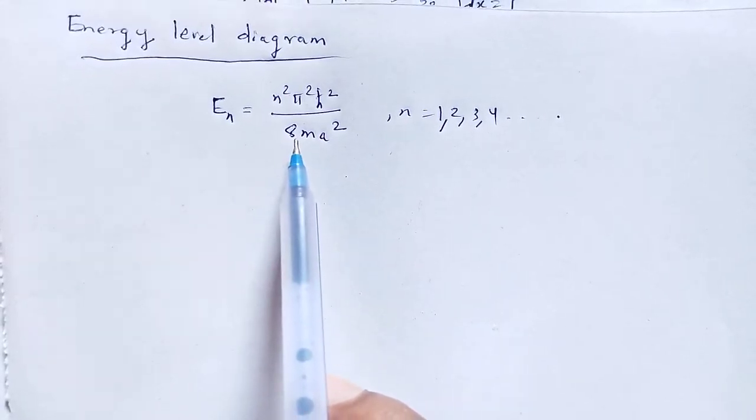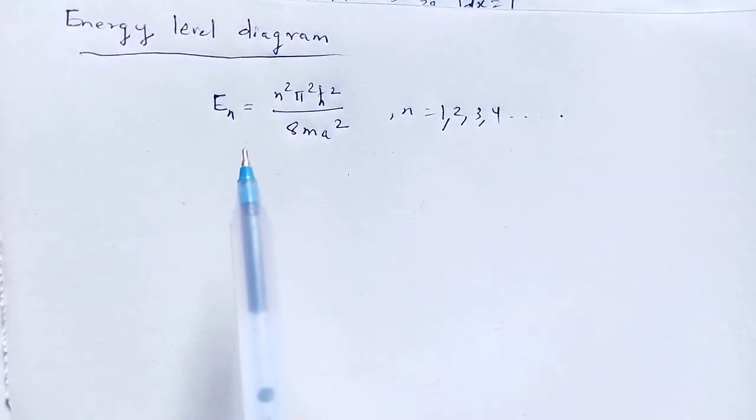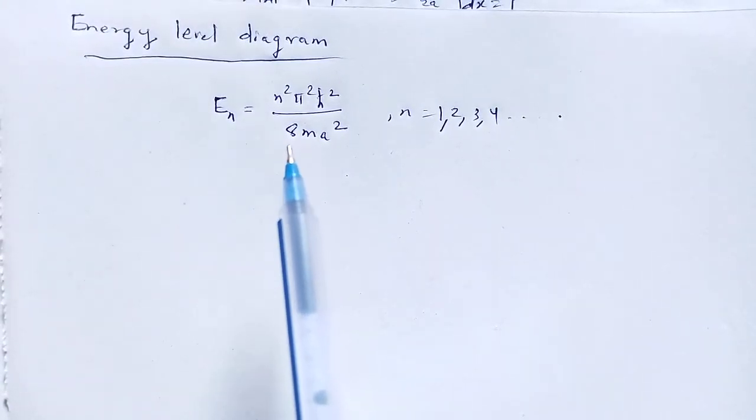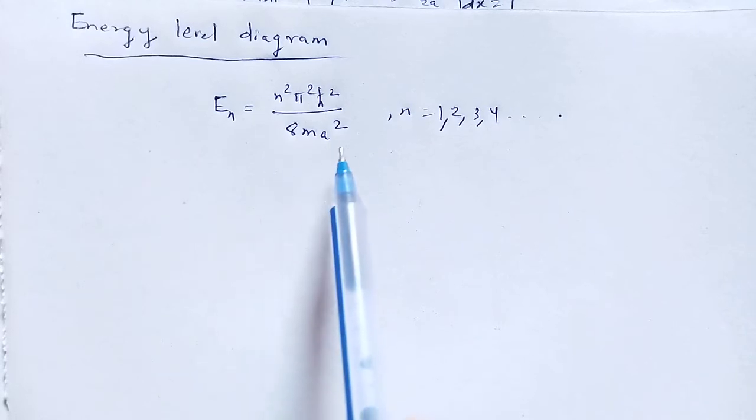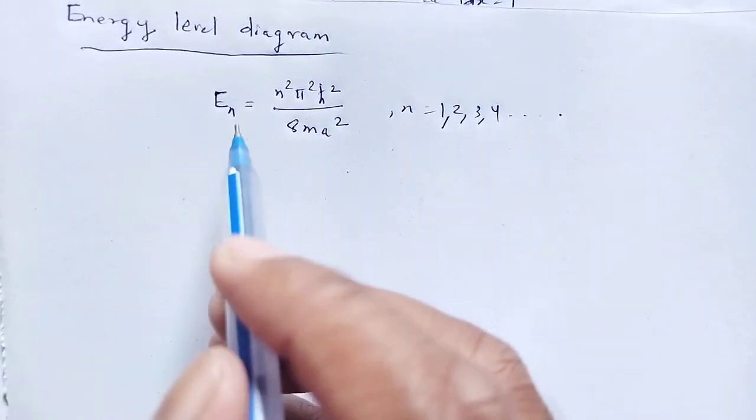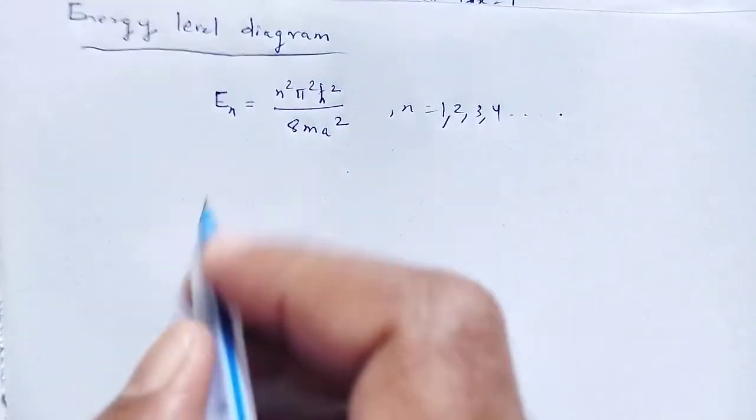This equation indicates the particular energy level is defined by the quantum number n. So from this equation what do we conclude?